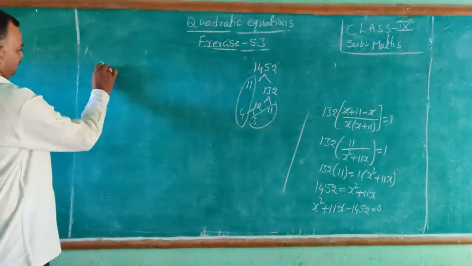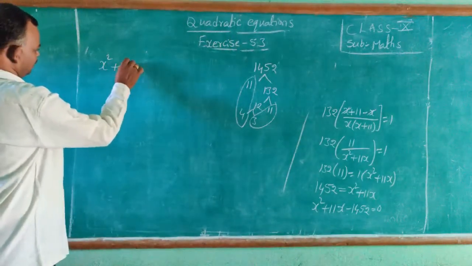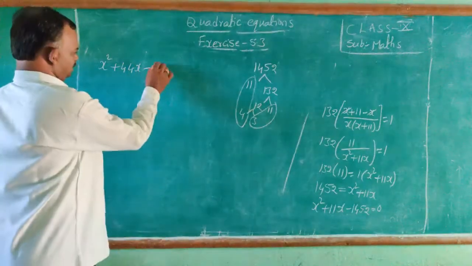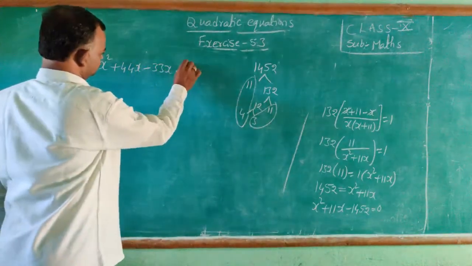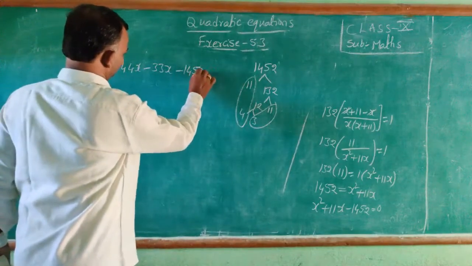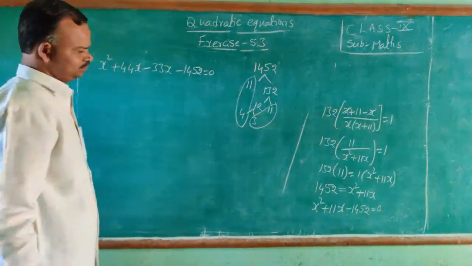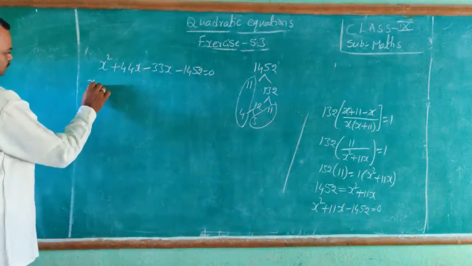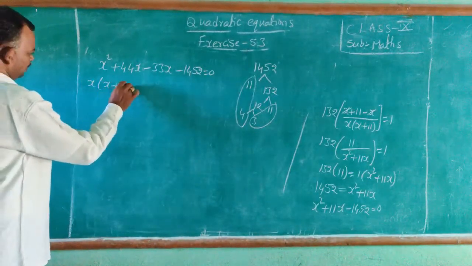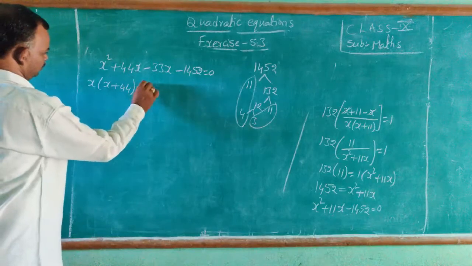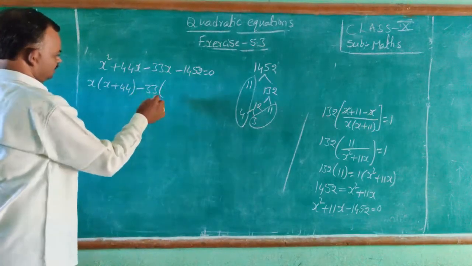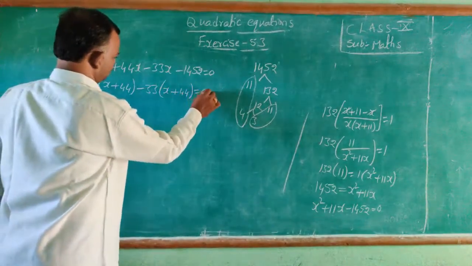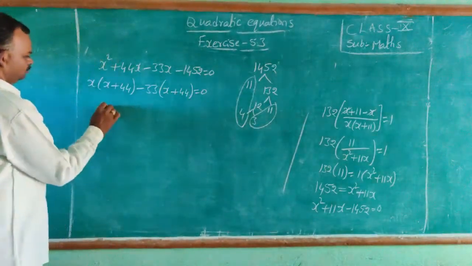So x square plus 44x minus 33x minus 1452 is equal to 0. In the first two terms, common x, x plus 44, again common minus 33, x plus 44 is equal to 0.